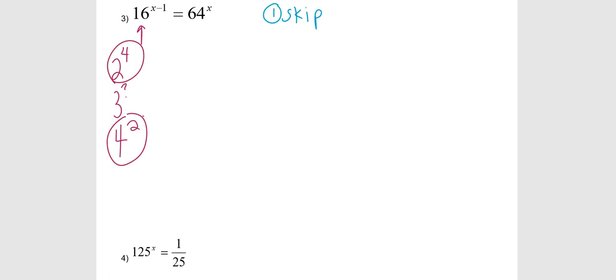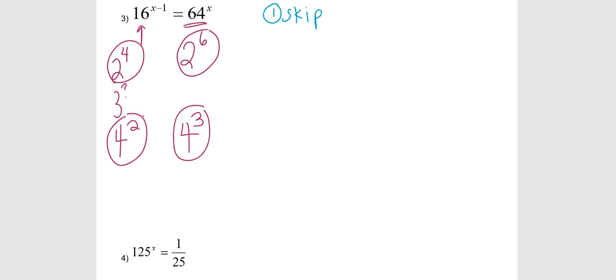So then we're going to go to the 64 and ask ourselves, can I use 2 to any power to make 64? So 2 to the 6th power is 64. So 2 would work, but also 4 would work. 4 to the 3rd power is also 64.